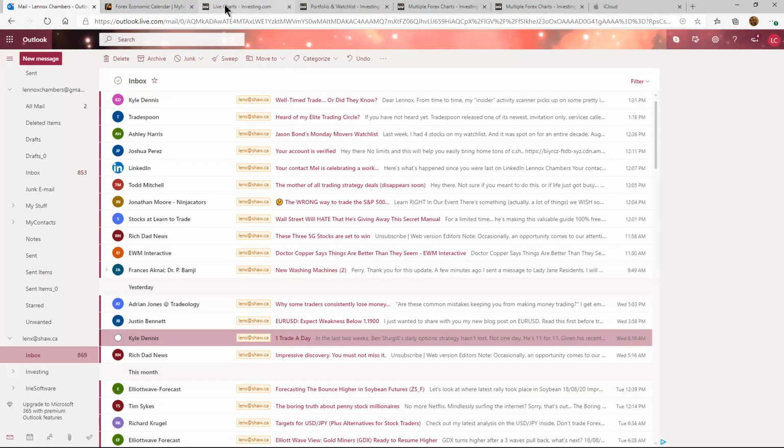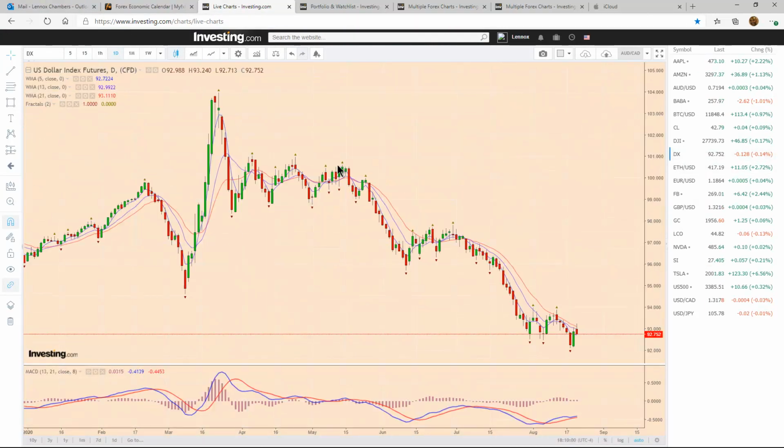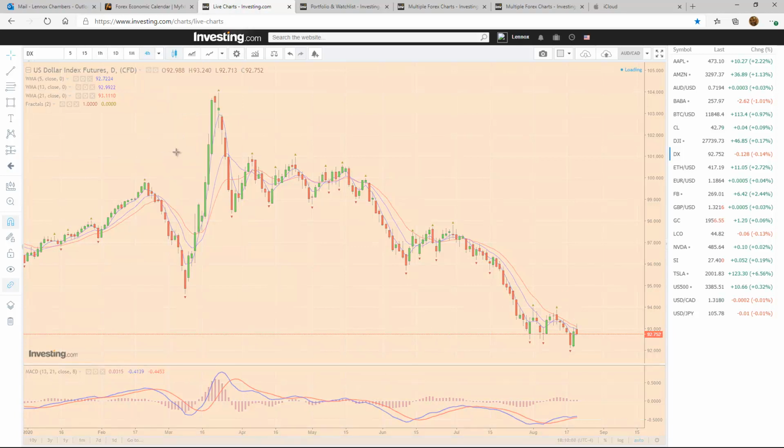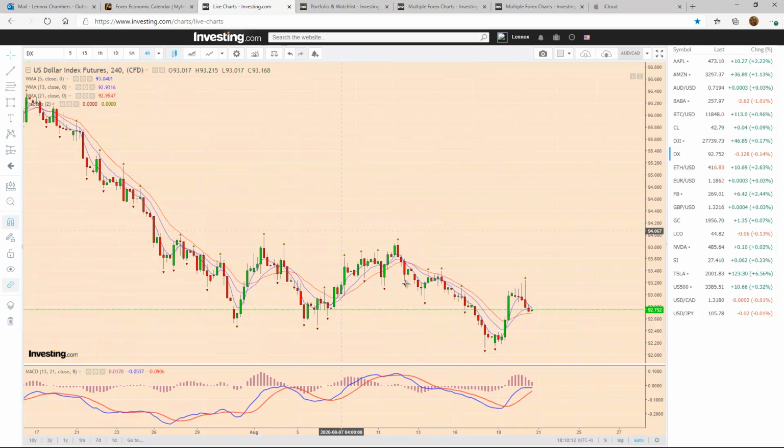Let me go to the US dollar, and I'll go from the 4-hour time frame. And this is what we were looking at, this move.